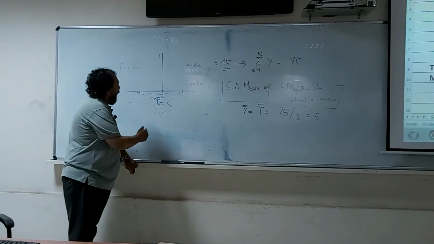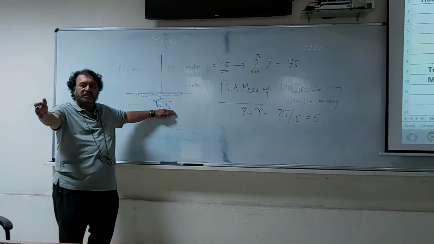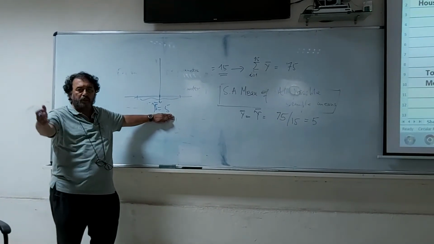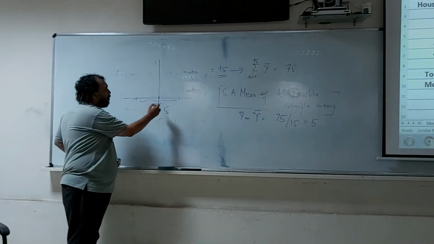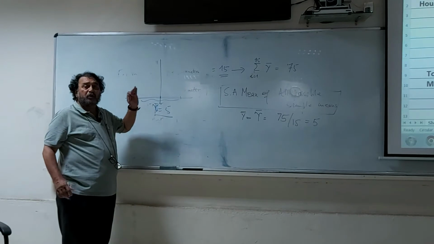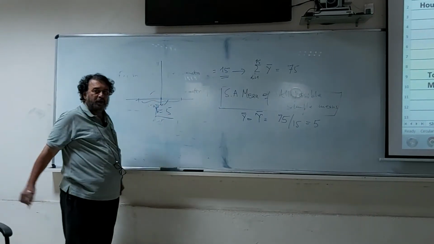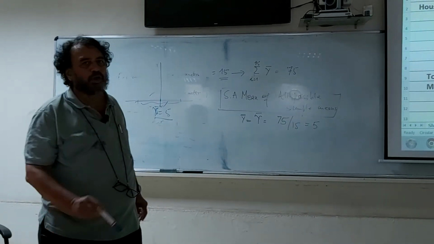That means I don't expect every sample to give me exactly the same value. In fact, as you can easily see, if it's sample size 2, we have 15 different kinds of means. If we have sample size 3, we have 20 different kinds of means. Not all of them are necessarily equal to 5. But the question is, are they in some sense around 5? How many of them are around 5? This is the notion of distribution.